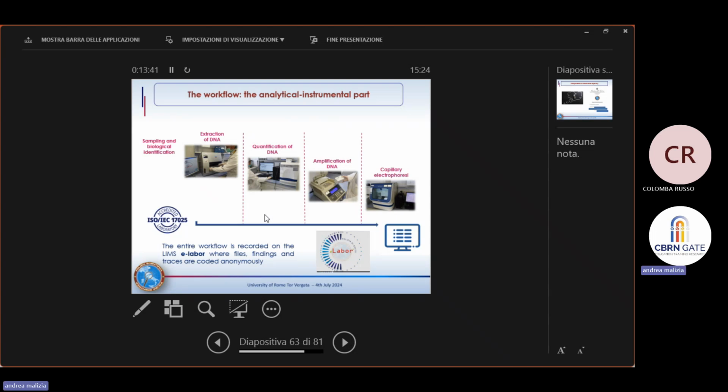The entire workflow is recorded on a LIMS, Laboratory Information Management System, which is a software that records all the activities conducted on the traces, on the samples. This is important for the accreditation according to ISO IEC 17025 that I showed at the beginning of our discussion.